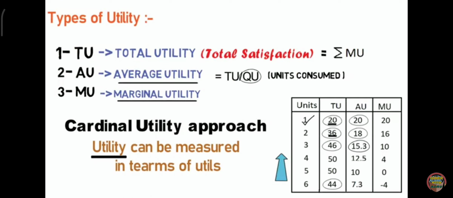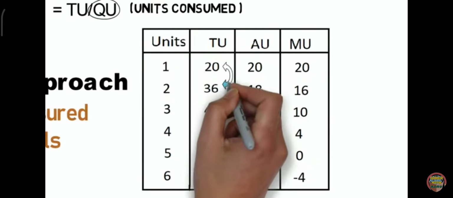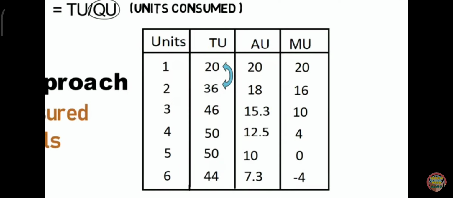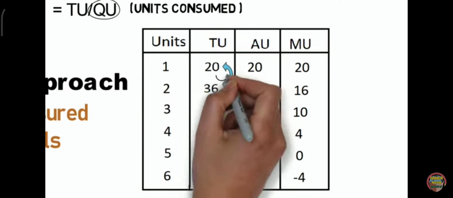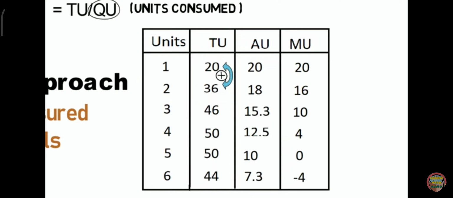Now what is the marginal utility? To find the marginal utility, we find the difference between the first total utility and the second total utility. When I ate one apple, the satisfaction level was 20, but when I ate 2 apples, it was 36. So there is a margin of 16. For the first unit, the marginal utility remains as it is, but for the second unit we have to find the difference.